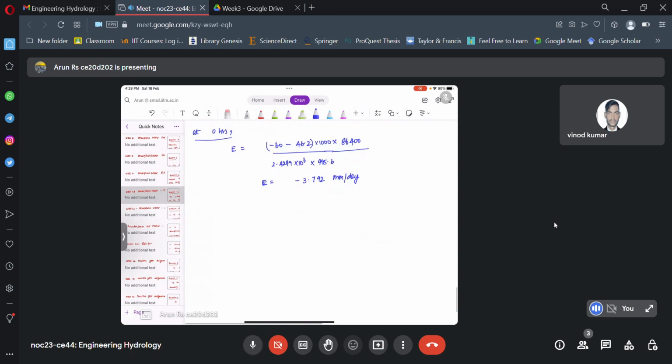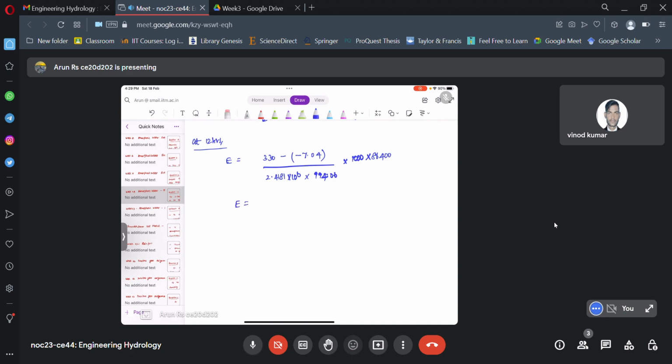So we'll compute for another time where the peak is coming. So we'll take the same 12 hours. So it is 330 minus of minus 7.04 divided by 2.4181 into 10 to the power of 6 into 994.06 into 1000 into 86400.